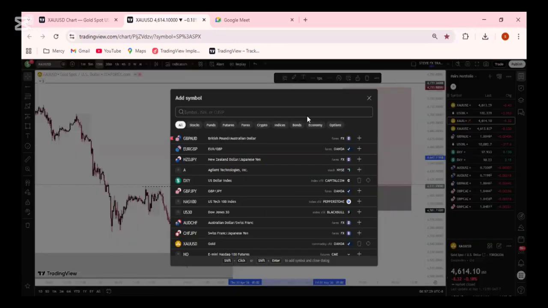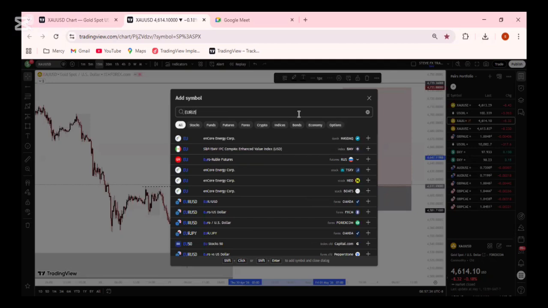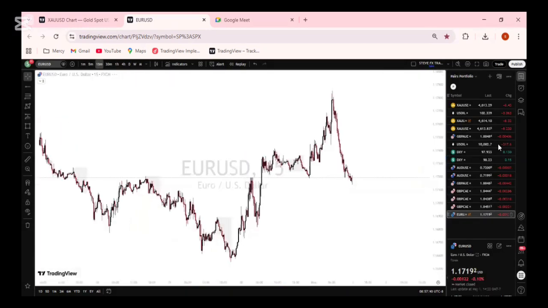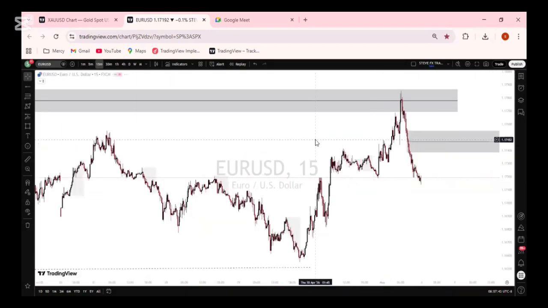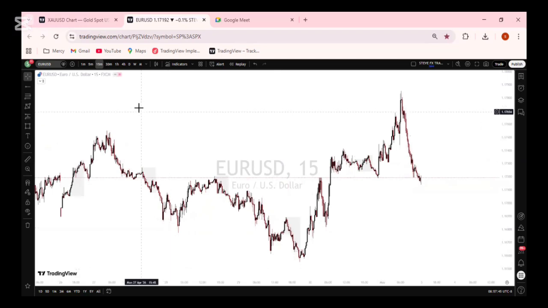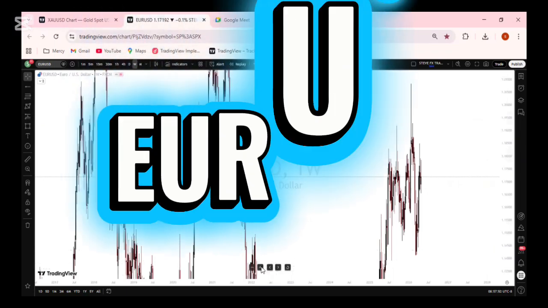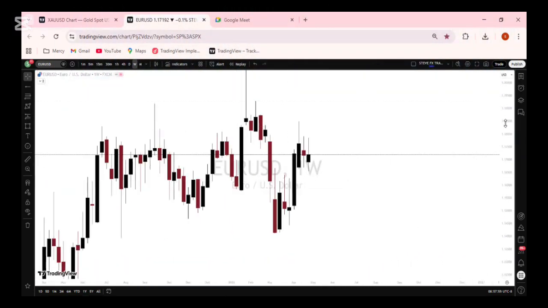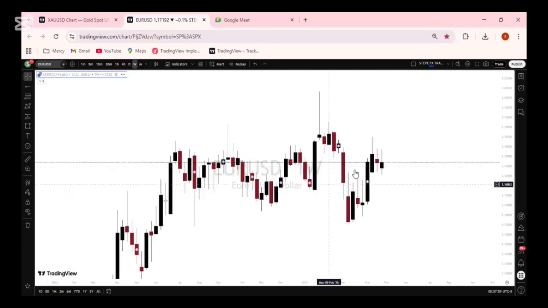Now let's also go and check on Euro USD. When we go to Euro USD, let me clear everything. With top-down analysis, I like to start with the weekly time frame.